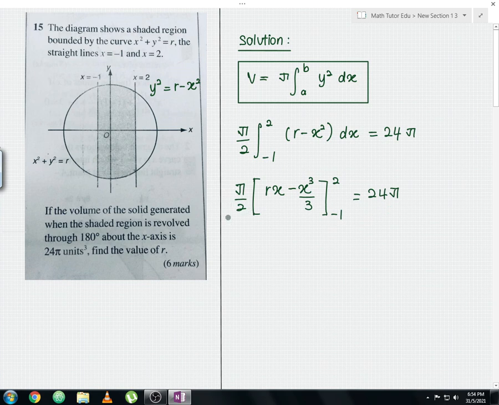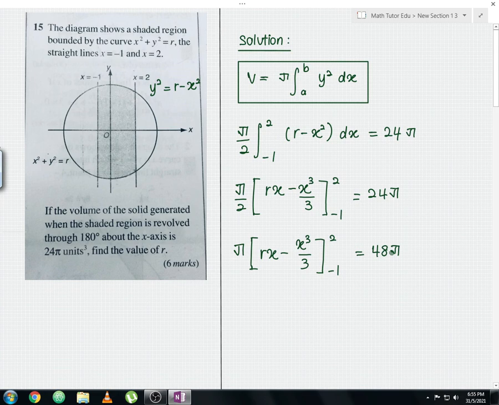Okay, so the 2 you can times at the right hand side, so it will become 48 pi. From 24 pi it will become 48 pi. So from here you get pi square bracket rx minus x cube over 3 close bracket with the upper limit of 2 and lower limit of -1, it is equals to 48 pi.